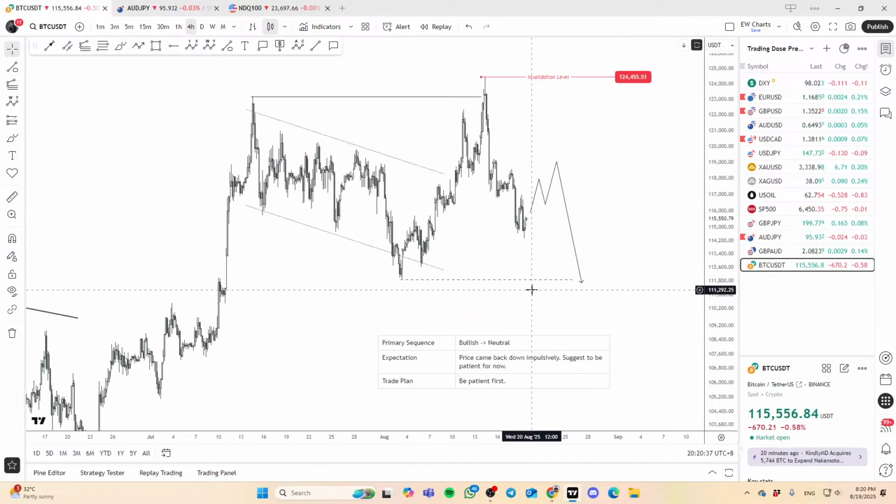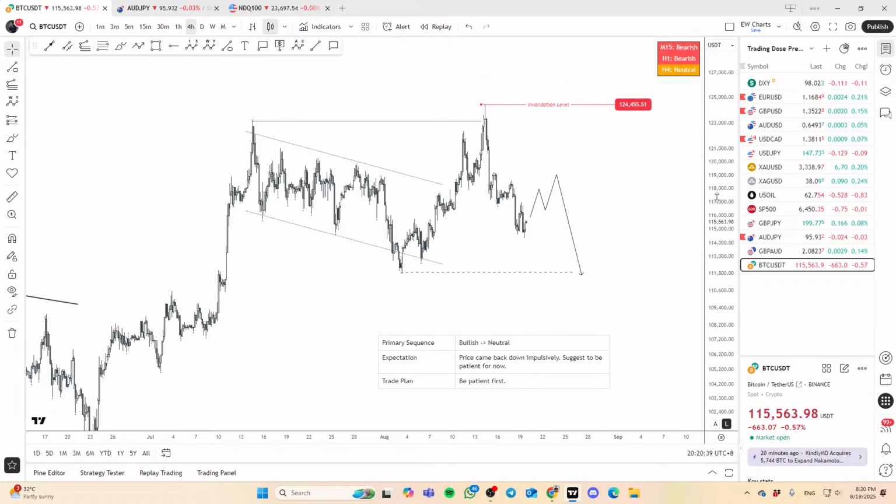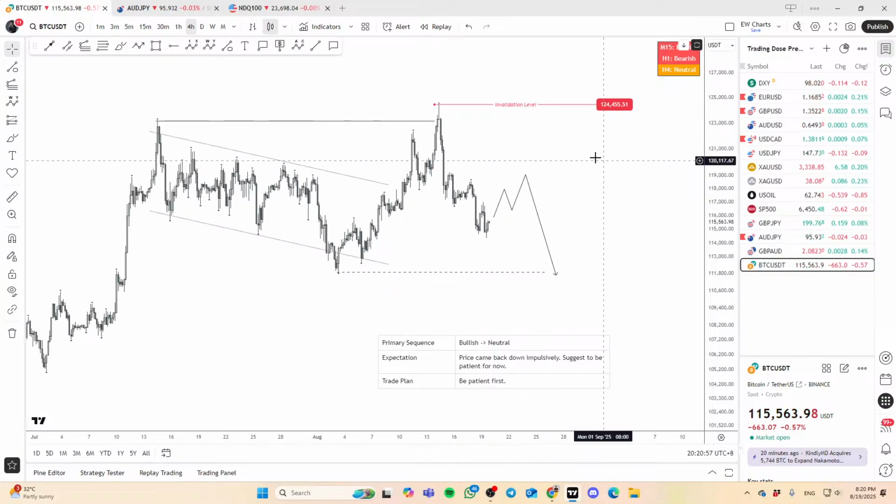Okay, then next up we have Bitcoin. Bitcoin was interesting because earlier last week, we did see it breaking the all-time high, and everyone was pretty excited about it. And then the market very quickly reverses to the downside, right?